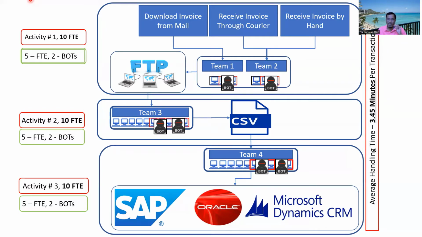For that, what output is the client getting? 50 invoices processed. It means 1,000 divided by 50 becomes 20 rupees. So in the case of a physical employee, he processes 50 invoices per day and is paid 1,000. It costs 20 rupees per single invoice processed by a physical employee.